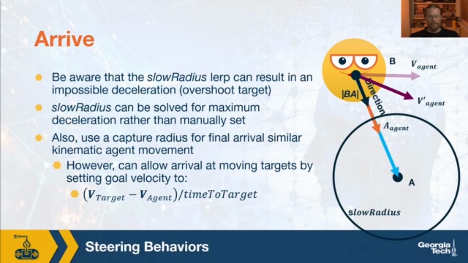In the steering behavior version, like the Arrive that we're talking about right now, the time to target probably should be much smaller, like 0.1 instead of 0.25, because we're already slowing down with the slowdown radius and the linear interpolation.